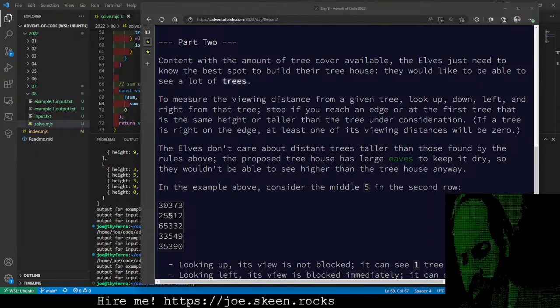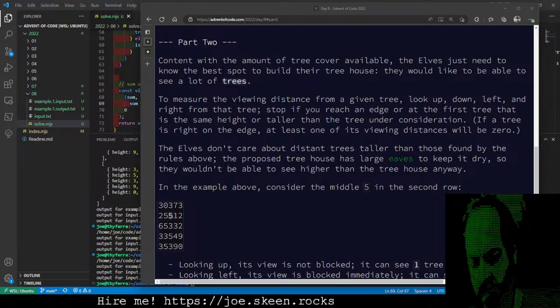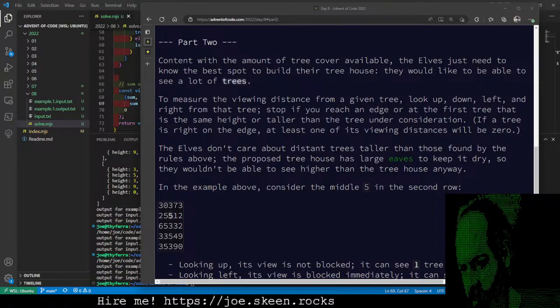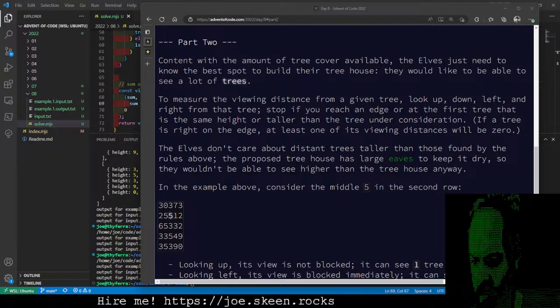So this is what I think we need to do. Similar algorithm as before, only instead of looking until we know it can be seen, we keep a total for each direction.